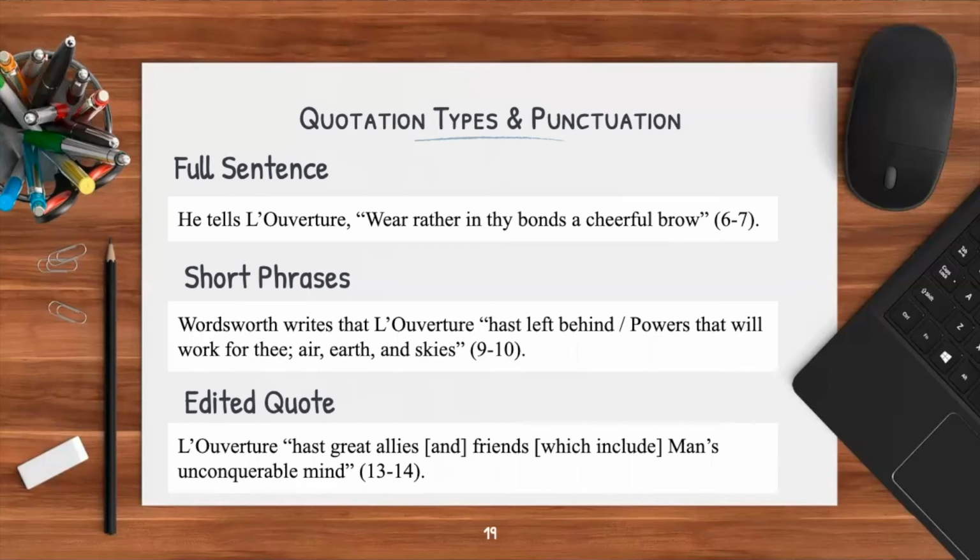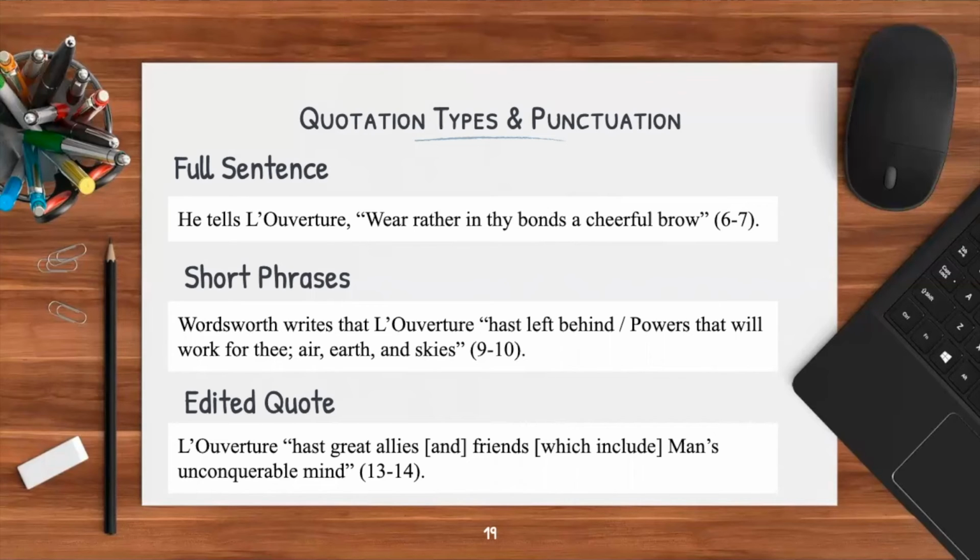It has no subject, so it is incorporated into a sentence that the student wrote. Wordsworth writes that Louverture, and then it goes into the quote with no comma. We have the same thing in example 3. Louverture, quote, "has great allies and friends, which include man's unconquerable mind," end quote.